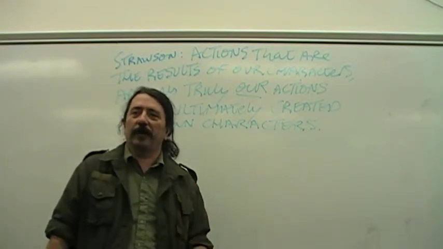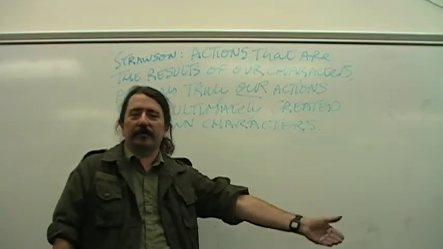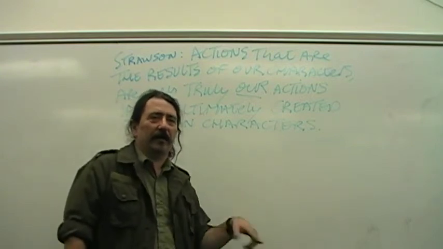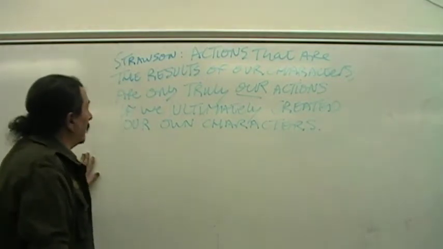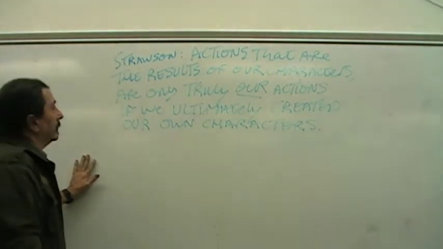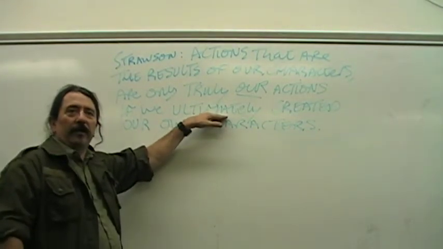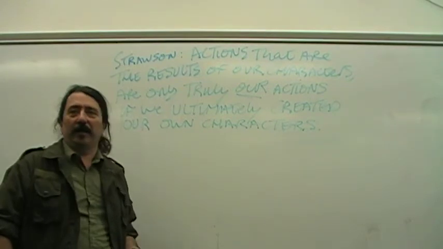There's never a point where I get to have no character and choose what character I'm going to have. It's always a subjective thing. So there's always a character choosing. And that's what Strawson is saying, right? We don't ultimately create our own characters. But my answer to that is, so what?